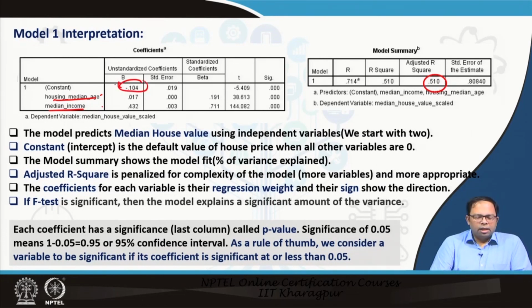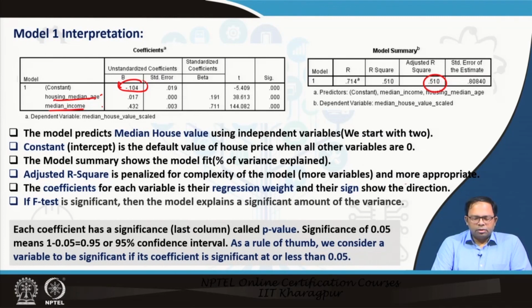housing price. The model summary shows the model fit, what percentage of variance is explained, and then adjusted R square. Adjusted R square gives us R square, but it is penalized by the number of variables; the more complex a model is, the more it would be penalized.